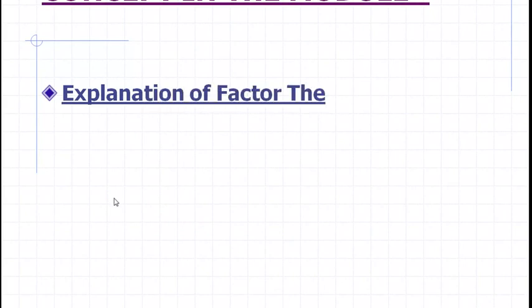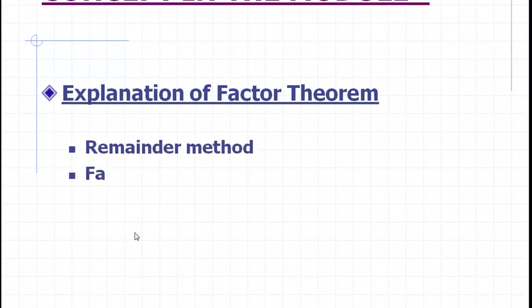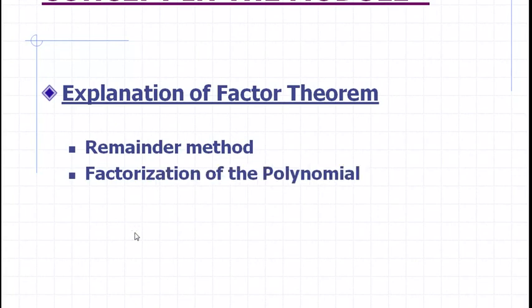In this module, we will study the explanation of the factor theorem with the help of the remainder theorem, the remainder method, and the factorization of the polynomial. Here we will study the factorization of quadratic polynomials as well as cubic polynomials.